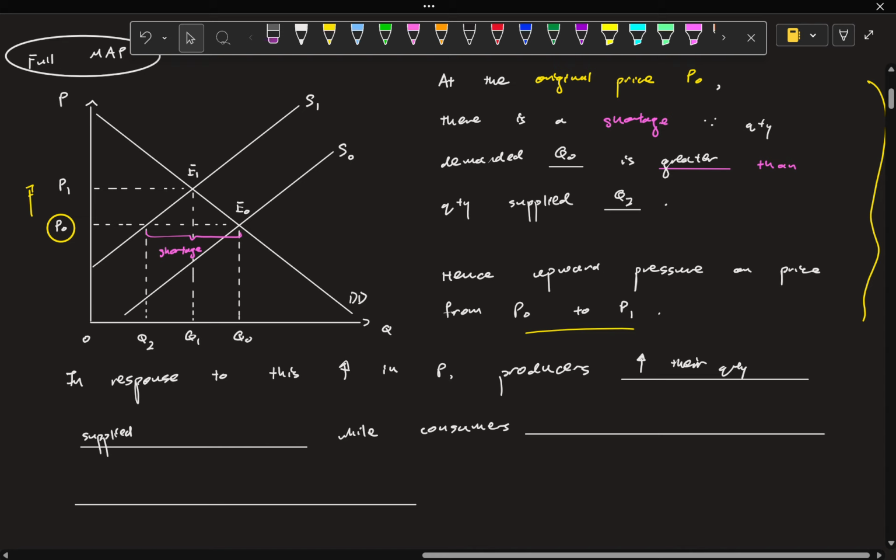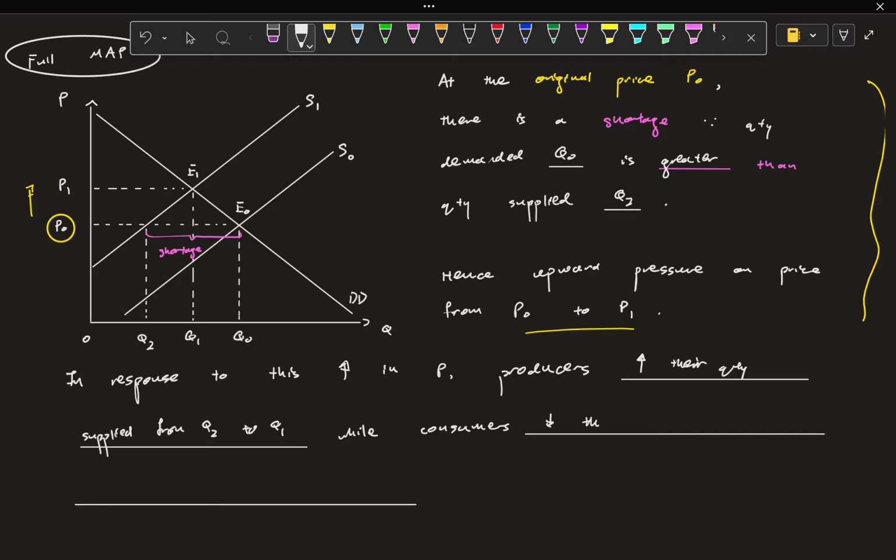So of course producers will respond to this, being profit incentivized, by increasing the quantity supplied from what is currently at Q2 to Q1, where S1 equals demand. While consumers will respond by decreasing their quantity demanded, because now the price is higher. So they decrease their quantity demanded from originally Q0 to Q1.